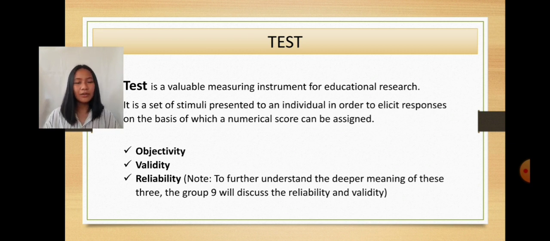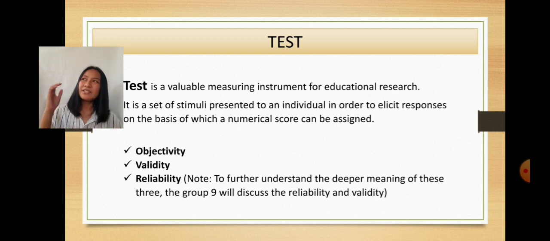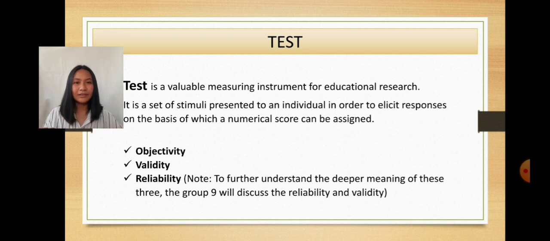These must be present all the time, because what is the use of it if it is valid but it is not reliable? Then it is not a good test. It must be valid and reliable.